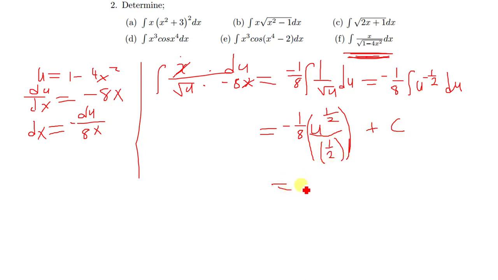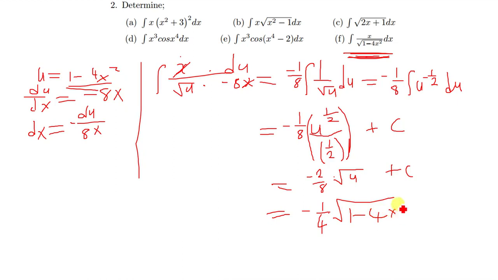So this is just going to give you negative 2 over 8, and then u to the power half is just the same as the root of u, then plus c. So here we can see that we can reduce this fraction to 1 over 4, and then this u will just be equal to this part here. We said u is equal to 1 minus 4x squared, so the root of 1 minus 4x squared is our answer, plus c.